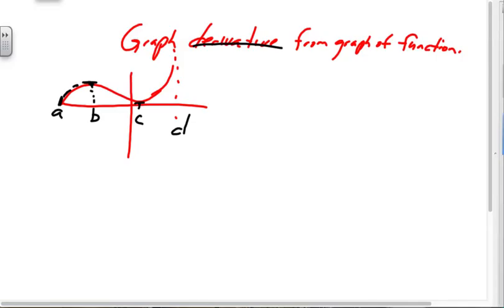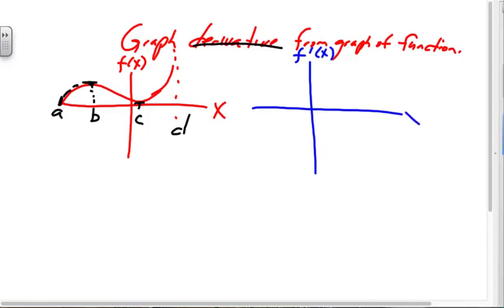So let's take a look then, and we need to graph the derivative. So this is f of x. You want to graph the derivative, f prime of x, over x. Well, bummer. You don't have an equation. What you're going to have to do is look at what the tangent line is doing.